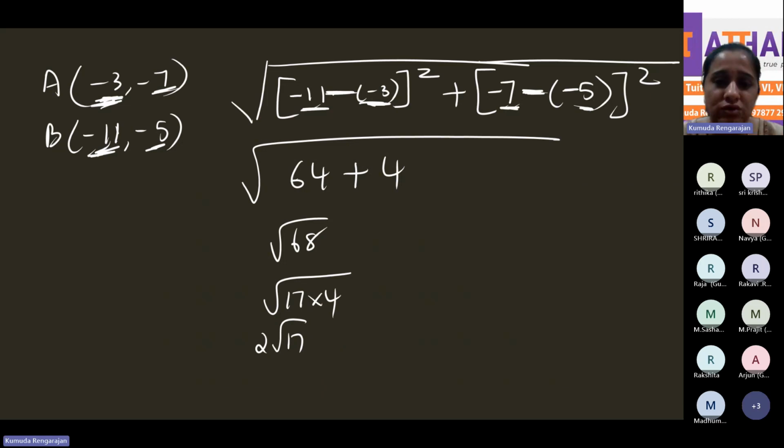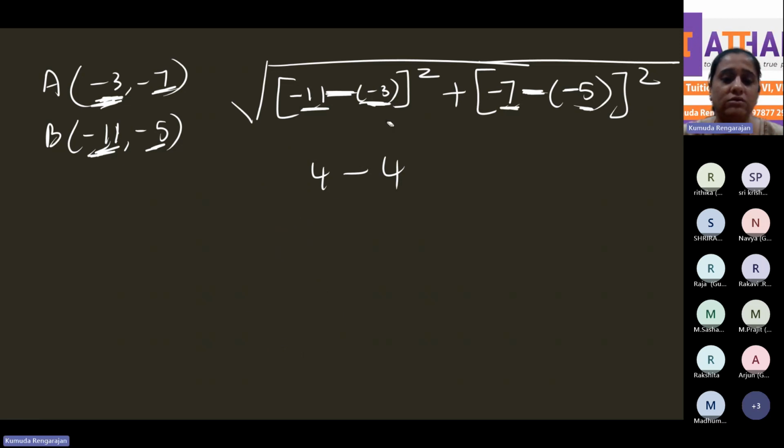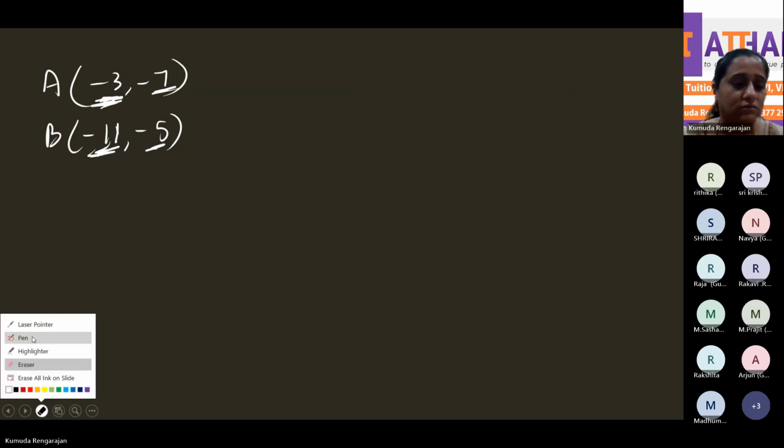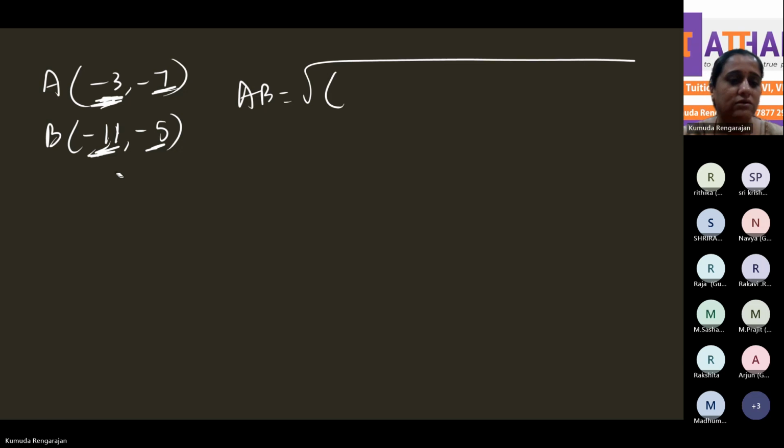Now instead of showing all this, you can also directly do this. AB is equal to the square root of x2 minus x1, supposing you write this one first. So minus into minus plus, you can straight away put it like this. You don't have to show the minus and do the simplification in the next step.